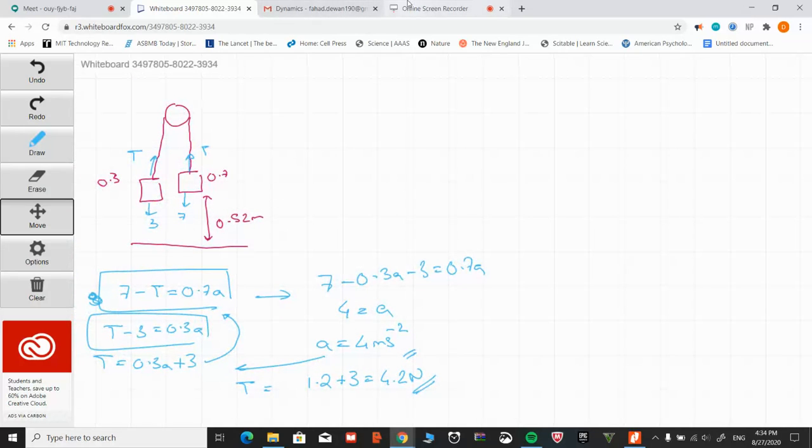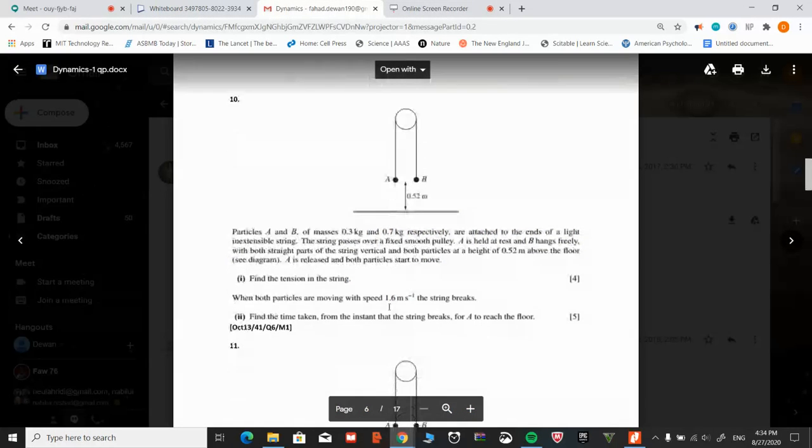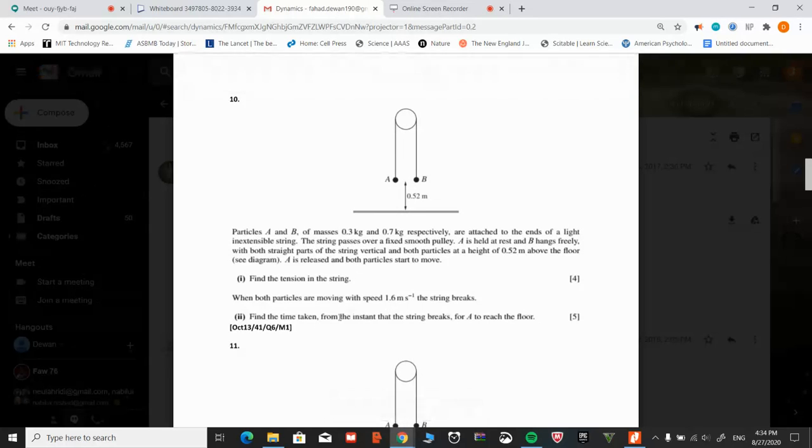Alright, now, interestingly, here it says the particles are moving. That's nice, they're moving. When both the particles are moving with a speed of 1.6 meters per second, and obviously, as long as the string is tight, the acceleration will be acting, both the particles will have the same speed, just moving in different directions.